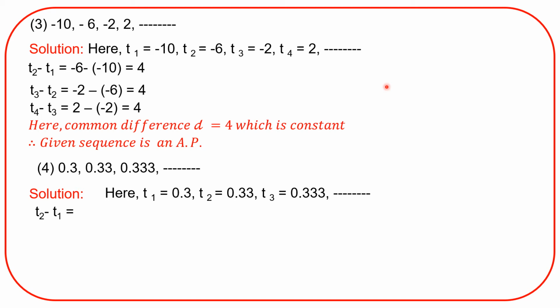T2 minus T1 is equal to 0.33 minus 0.3, that is equal to 0.03. T3 minus T2 is equal to 0.333 minus 0.33, is equal to 0.003.